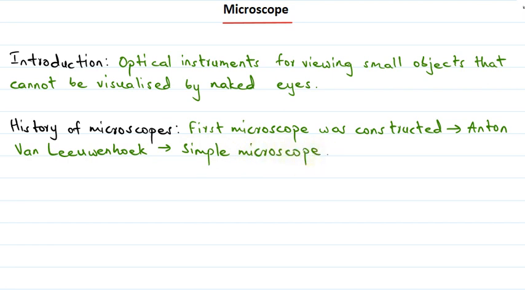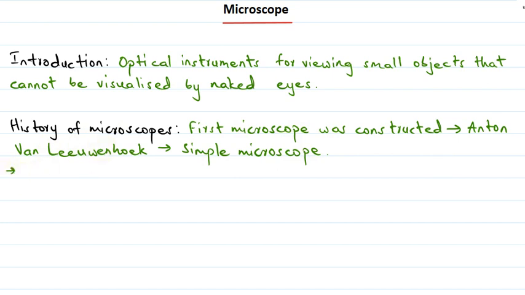This simple microscope has an eyepiece which is located very close to the lens on one side, and the object can be placed on the screw point on the opposite side of the lens. This is about the simple microscope that was first constructed by Anton van Leeuwenhoek.